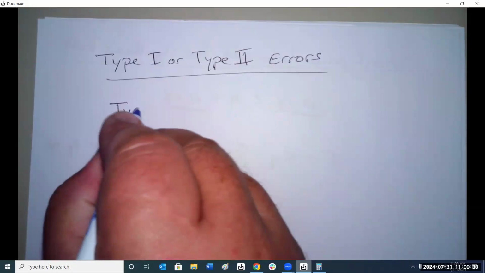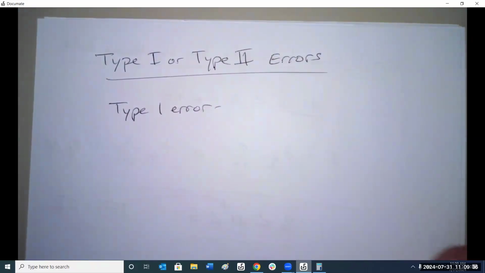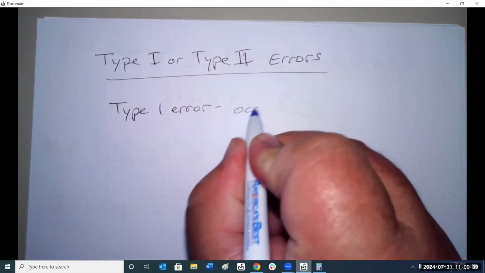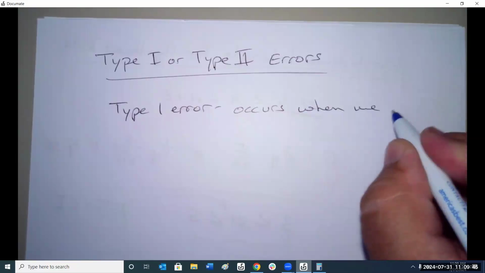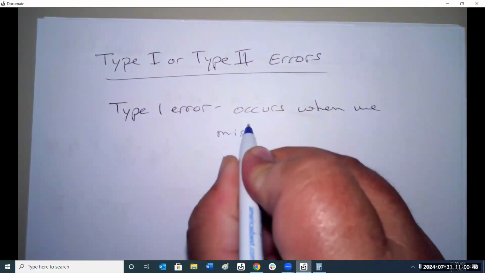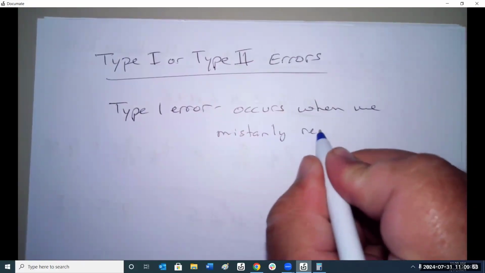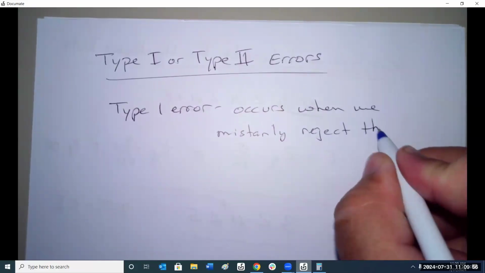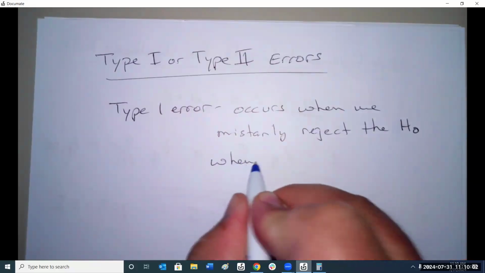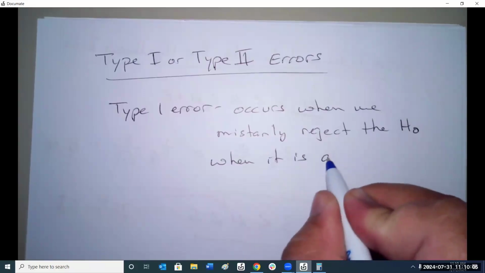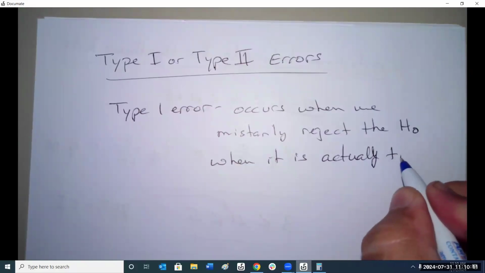A type 1 error occurs when we mistakenly reject the null hypothesis when it is actually true.